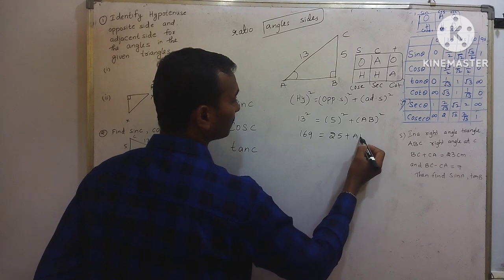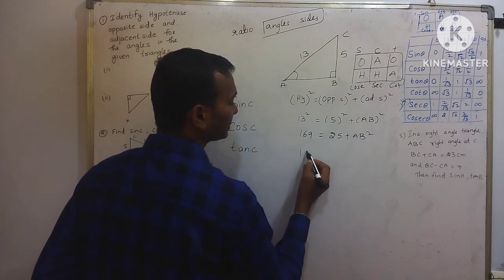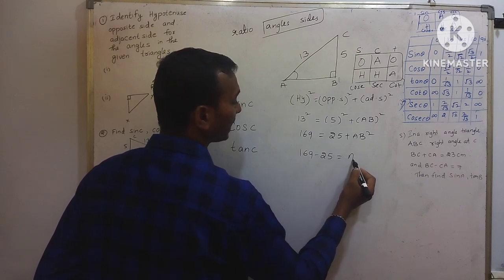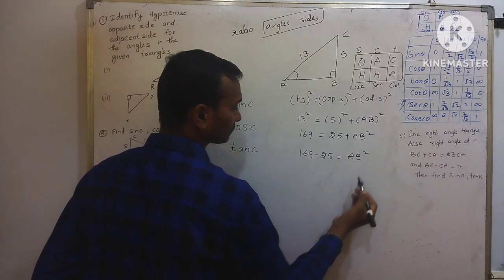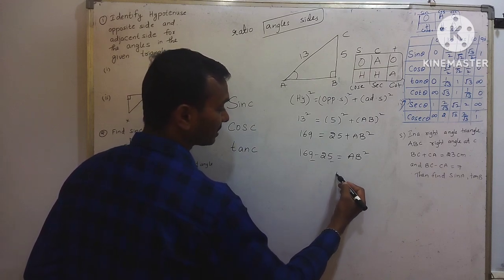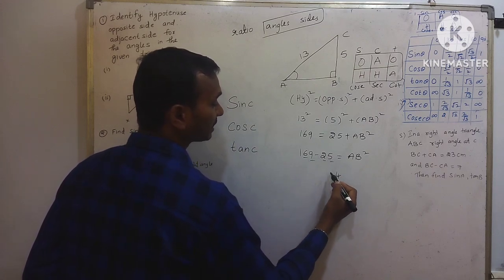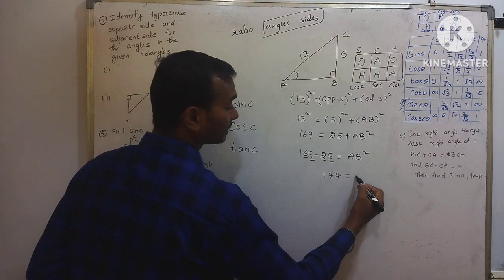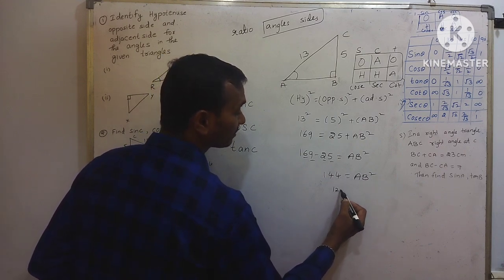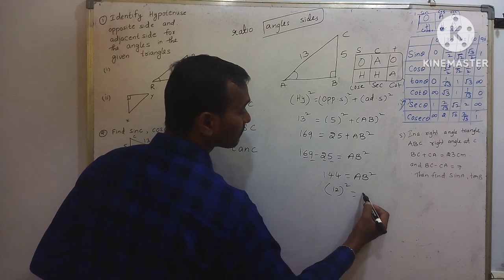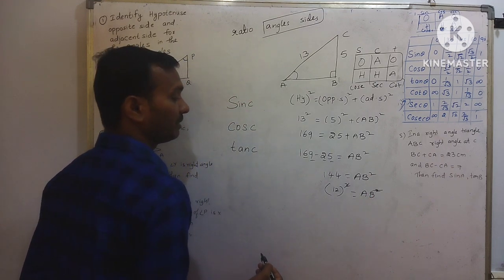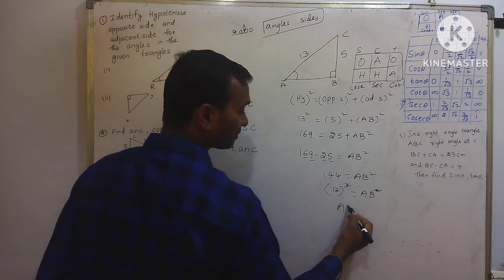This is AB square. 169 minus 25 is equal to AB square. What's the difference of both? 9 minus 5 is nothing but 4. 6 minus 2 is nothing but 4. 144 we are getting. AB square is equal to 144. This is nothing but 12 square is 144. So square cancels on both sides. AB value is nothing but 12.